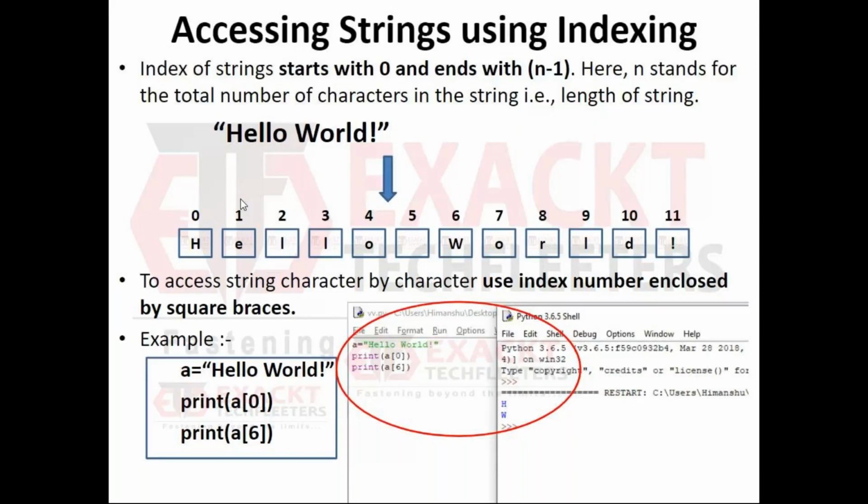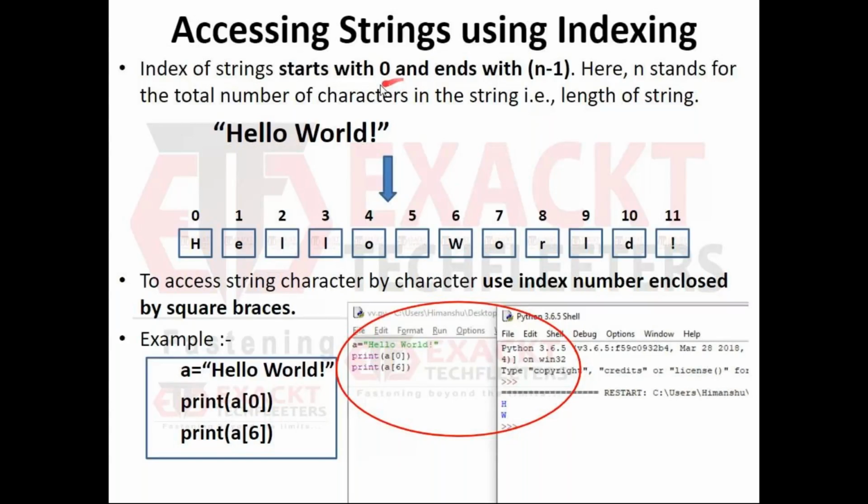If you are counting the indexing of anything, either it's a string, a list or a tuple, you have to start with 0, not with 1. Generally we start counting with 1, 2, 3, but in the programming world, everything starts with 0.